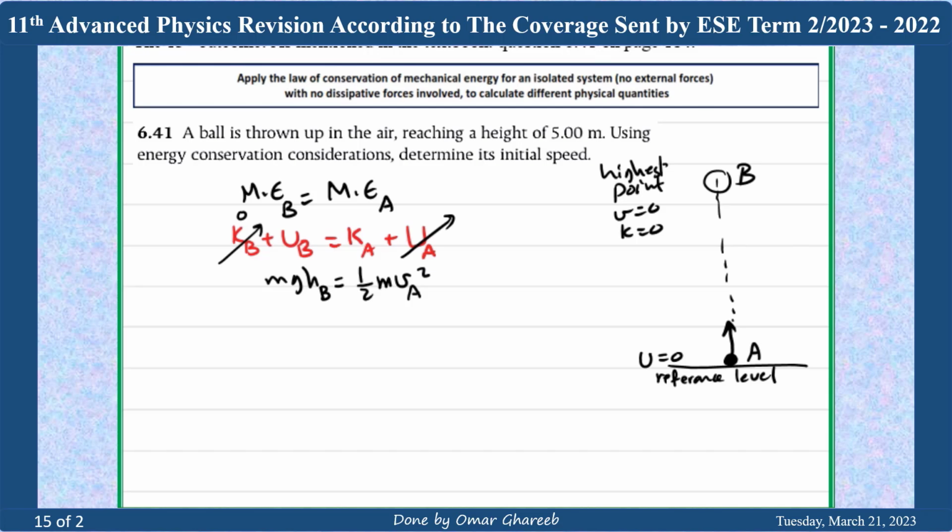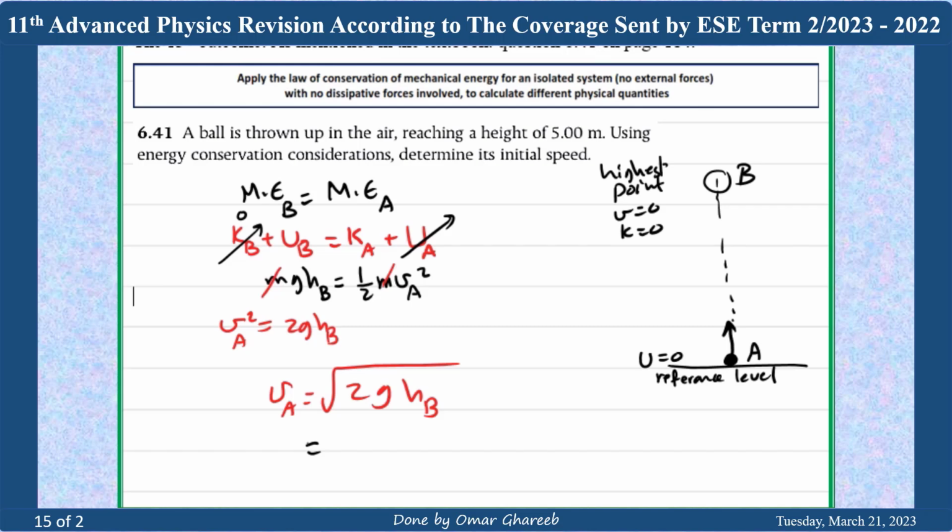Now we can cancel m with m. Maybe you note that the mass does not matter for such questions. Any mass will satisfy the same conditions. Now we need to find the initial speed. Multiply by 2: 2 g h_B must be equal to v_A squared. So v_A equals square root of 2 g h_B, and that's it.